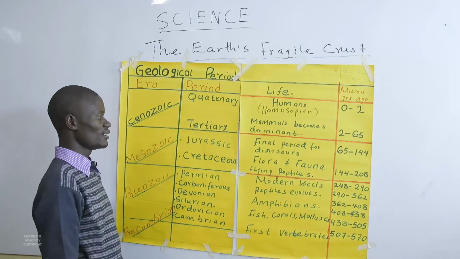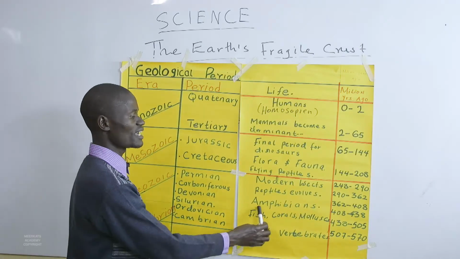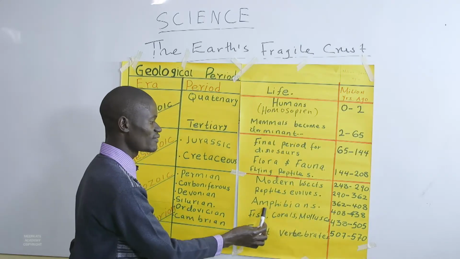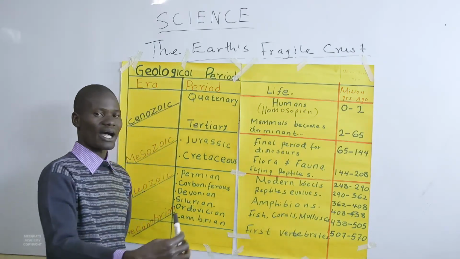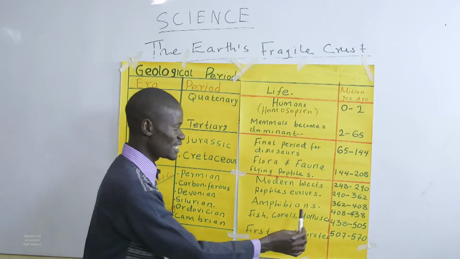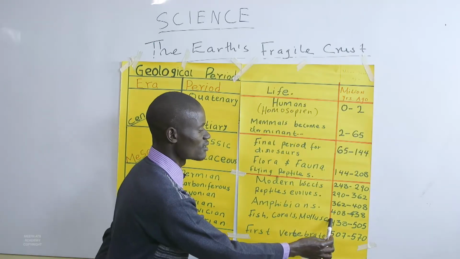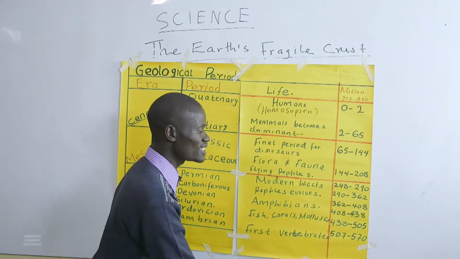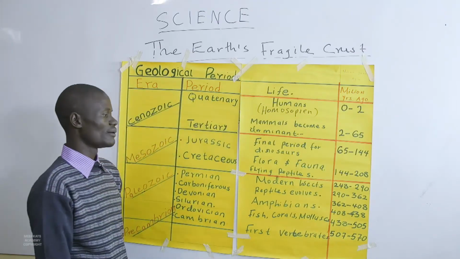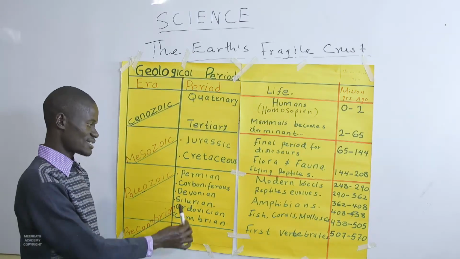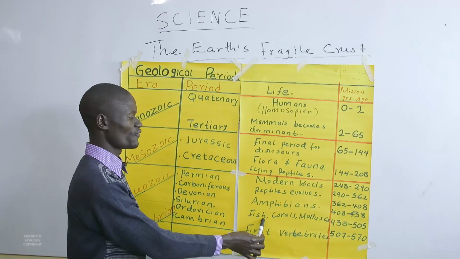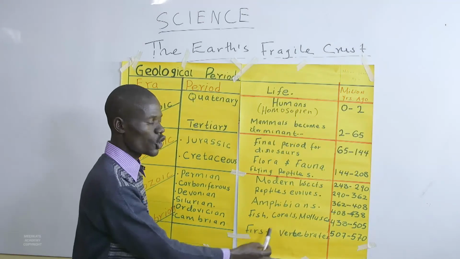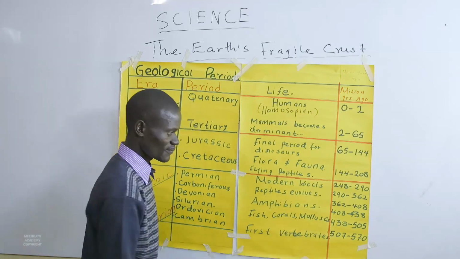The Devonian period is made up of the amphibians. The kind of life that was existing is the amphibians, which were now coming up, existing between 408 to 438 million years ago. The Silurian period comprises what we call the fish, corals, and mollusks.